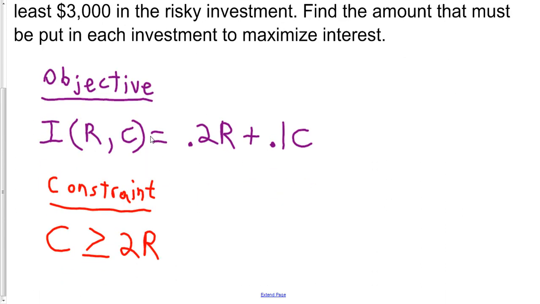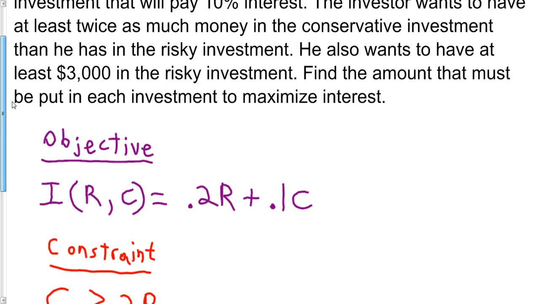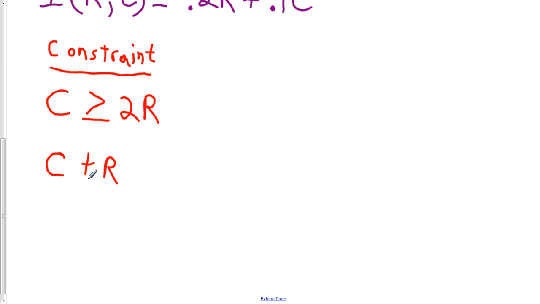Another one, the most obvious one here, is that if I take the amount that I have in C, the conservative account, and I add it to the amount I have in R, the risky account, it has to be less than the total amount of money I have to invest, which is $10,000. So that means that C plus R has to be less than or equal to 10,000.